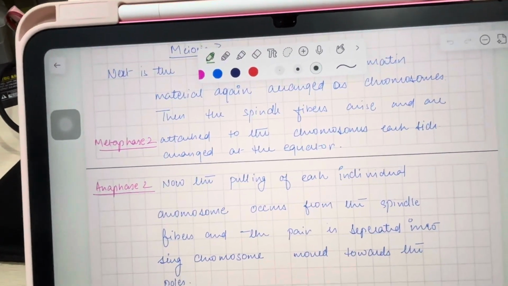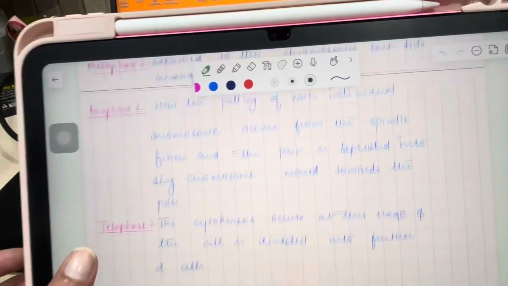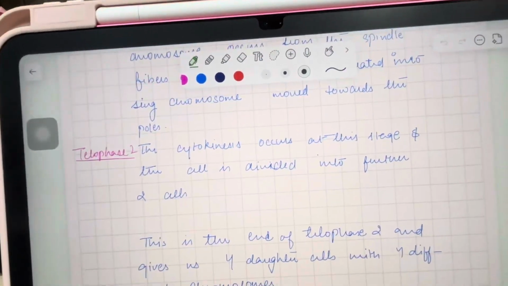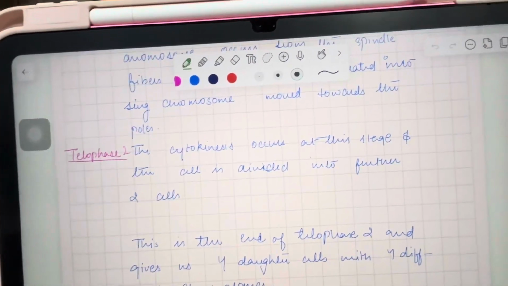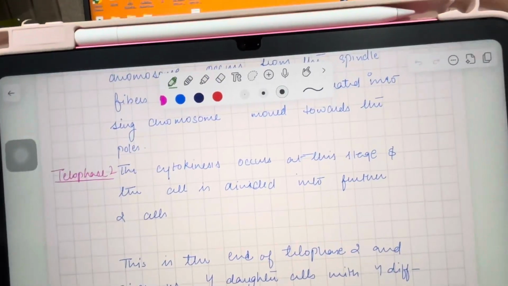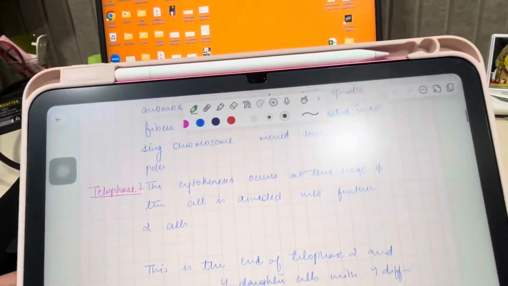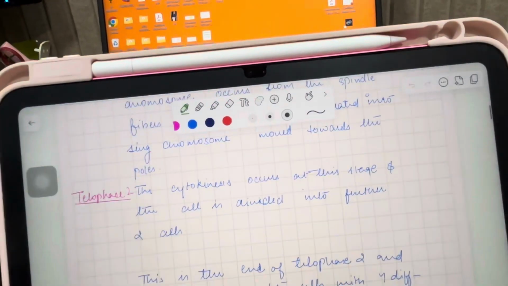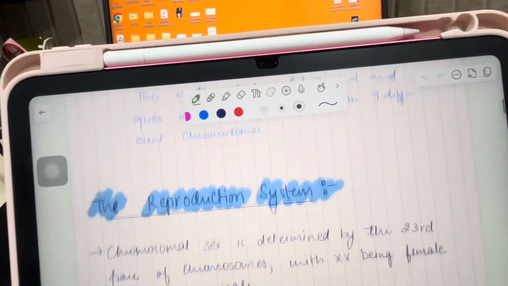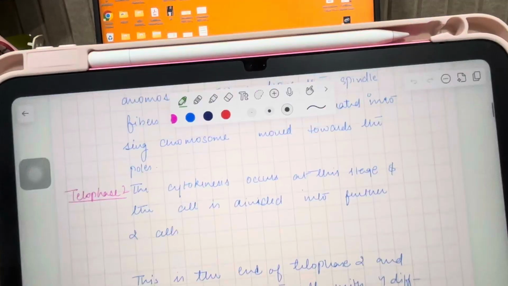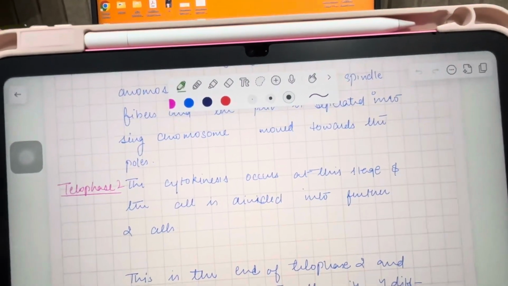Then again the same thing happens. The cells split, and they form another pair of daughter cells. So at the end of this process, there are 4 daughter cells which are not identical to each other.